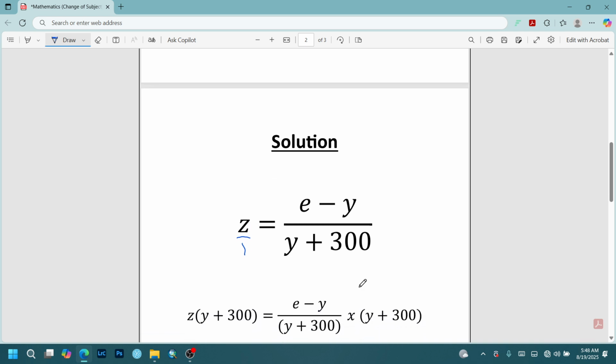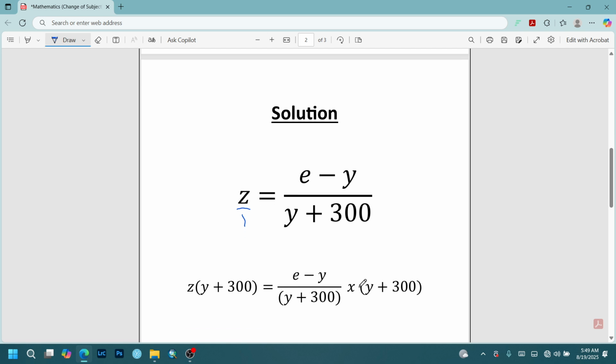So we multiply each side of the equation with our common factor, which is our LCM, y plus 300. So y plus 300 will multiply z, for us to get z multiplying y plus 300.